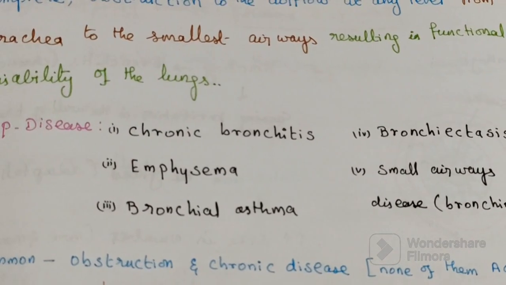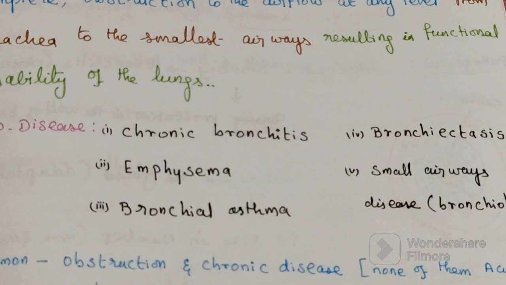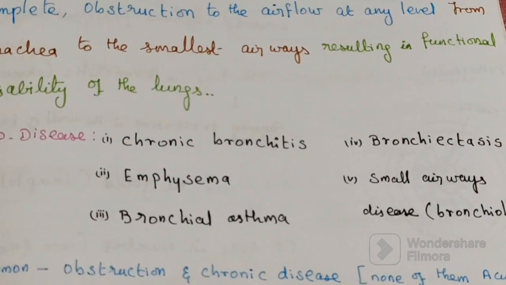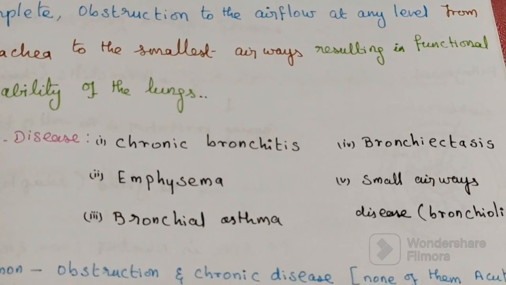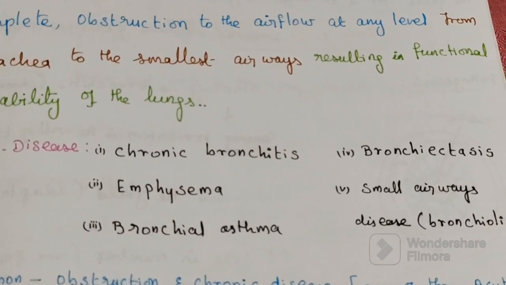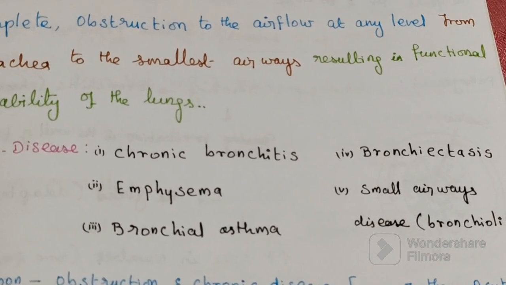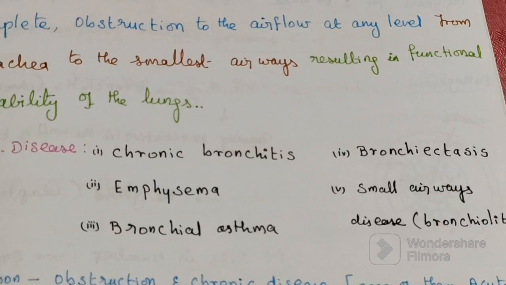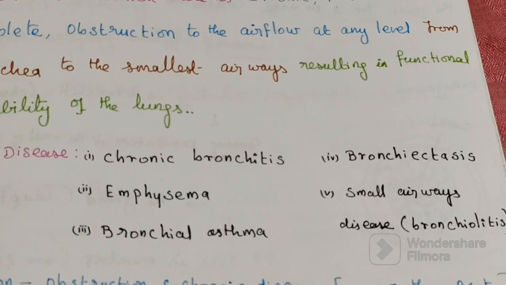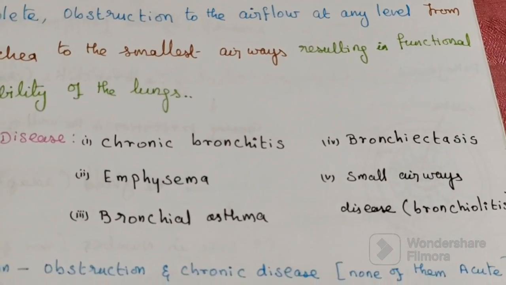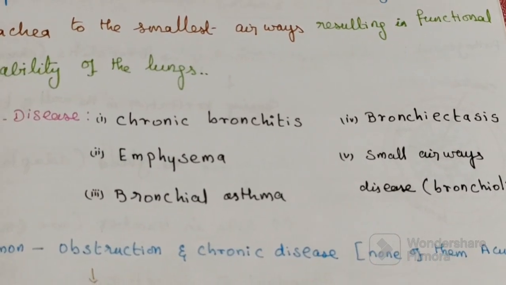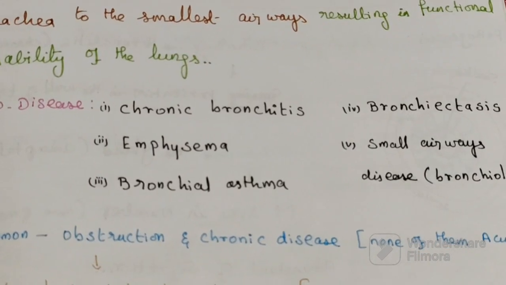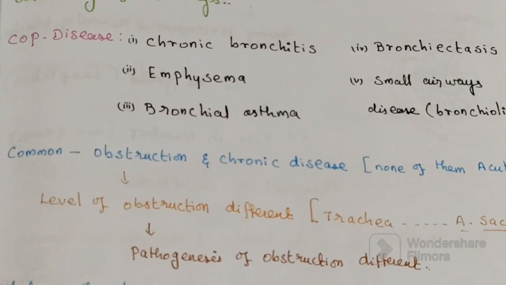But what is causing the obstruction and the level of obstruction will be different. All of them have obstruction in the lower respiratory tract, starting from the trachea till the alveolar sac. The exact level of obstruction will be different, and the pathogenesis of obstruction will be different.